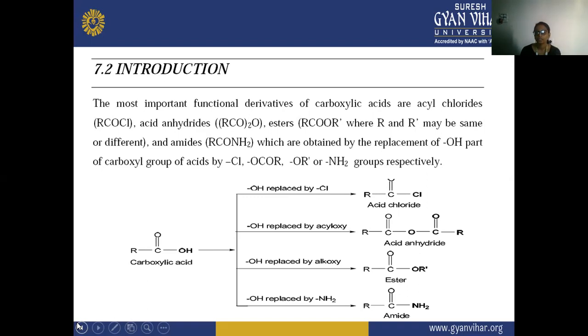From the carboxylic acid, this OH is replaced by different functional groups, or you can say atoms, that is Cl, OCOR, OR', or NH2 groups, in the acid chloride, acid anhydride, the esters and the amide respectively.